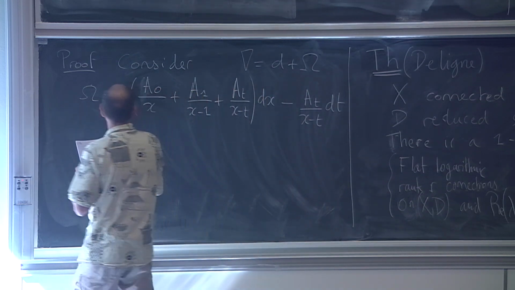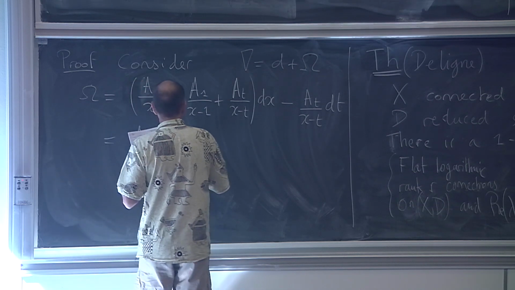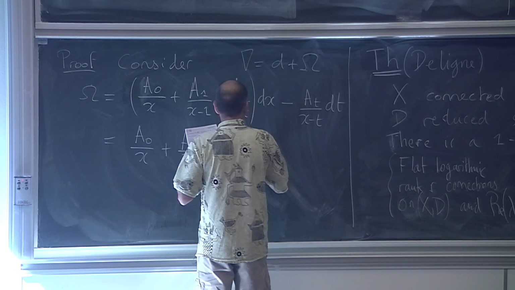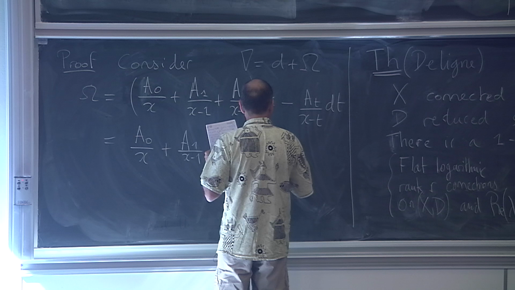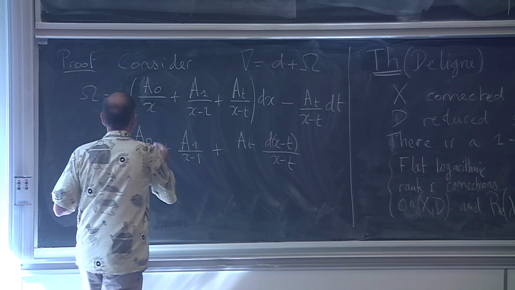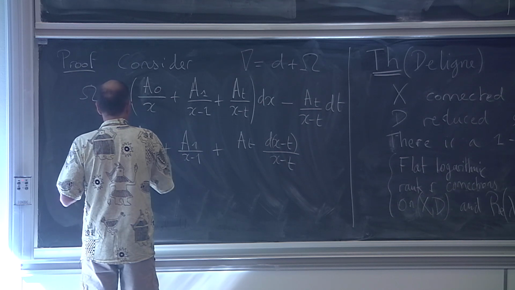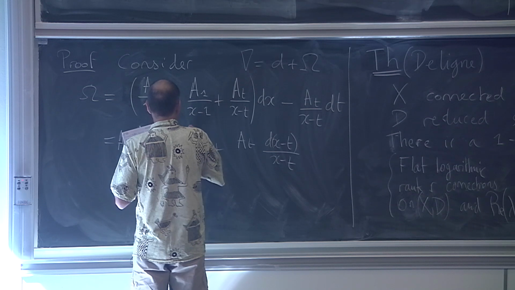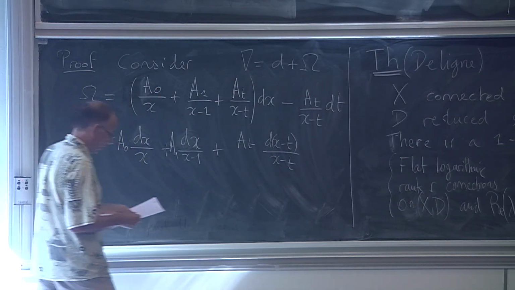So let's rewrite this as follows: A0 dx over x, A1 dx over x minus 1, and AT dx minus t over x minus t.